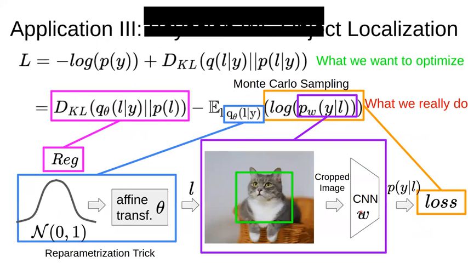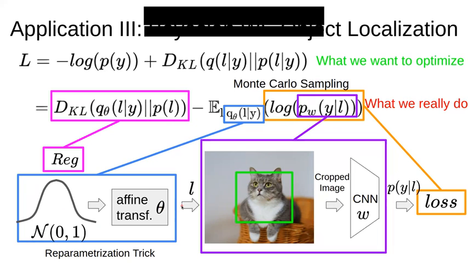In practice, what does it mean? We have a model where for each image, we sample from a Gaussian distribution, and this Gaussian is transformed with some parameters that we want to learn, that will tell us where to sample, so will tell us the location of the object.